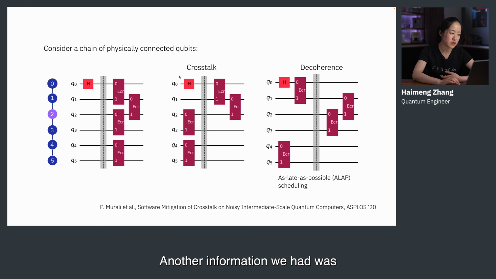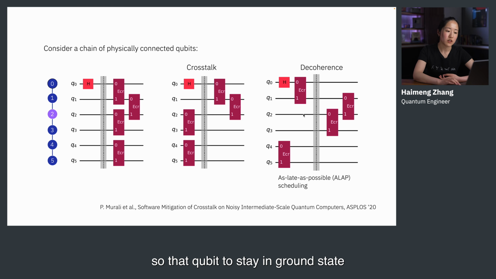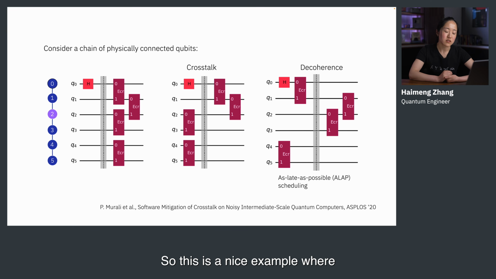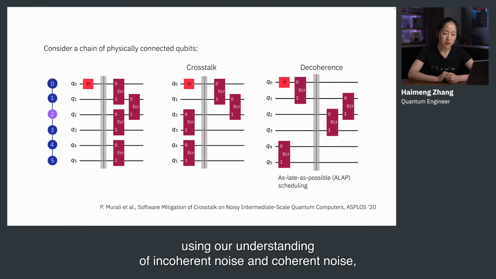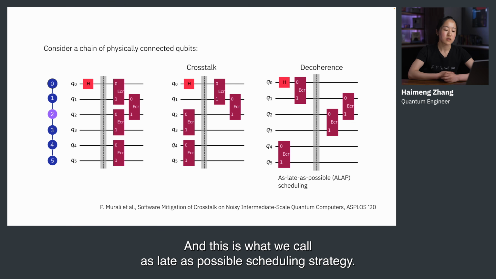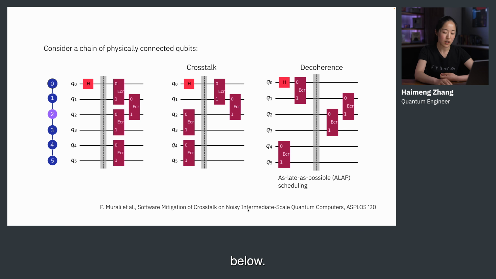Another piece of information we had was that qubit 2 has low coherence time, so what we can do is delay the implementation of ECR gates to as late as possible so that qubit 2 stays in ground state for as long as possible before engaging in any active computation. So this is a nice example of how, using our understanding of incoherent noise and coherent noise, we can come up with optimal ways to schedule our circuit. This is what we call the as-late-as-possible scheduling strategy.